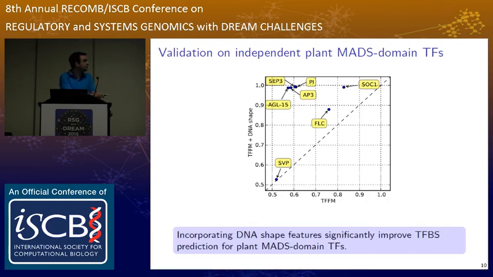And we see that for most of them there is a very strong improvement in predictive power when we incorporate the DNA shape information, going from 60% accuracy to almost 100% accuracy. So this shows that the incorporation of the DNA shape features significantly improved the TFBS prediction for those MADS transcription factors.